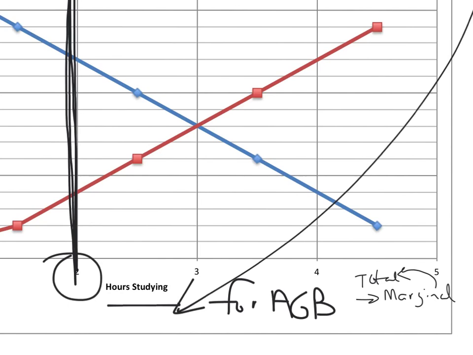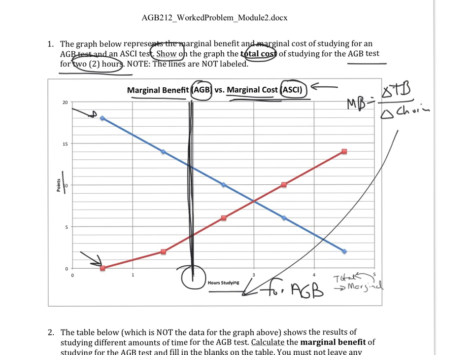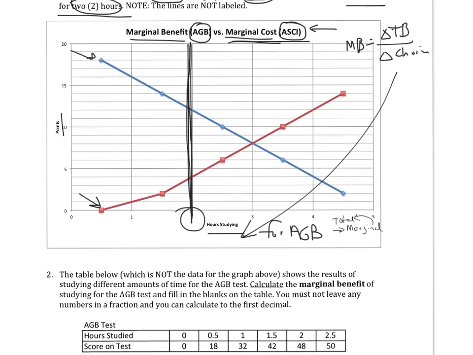So the trick here is to get the total from the marginal. We have this idea of area under the marginal gives you the total. So at this point, I think that should be enough of a clue. You're going to have to figure out which curve we're talking about, and then figure out how you show that total from that curve.